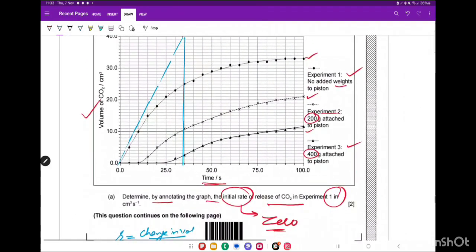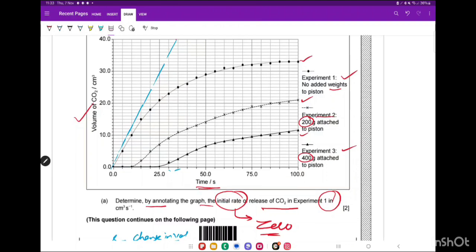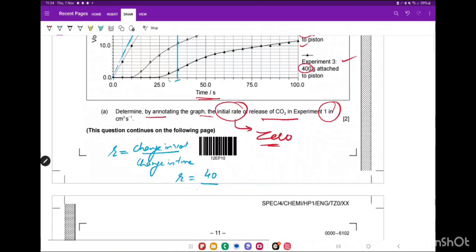the change in time, which is from 0 to approximately 35. If a line is plotted here, it will come around 35. Thus, the change in volume is 40 and the change in time is 0 to 35.